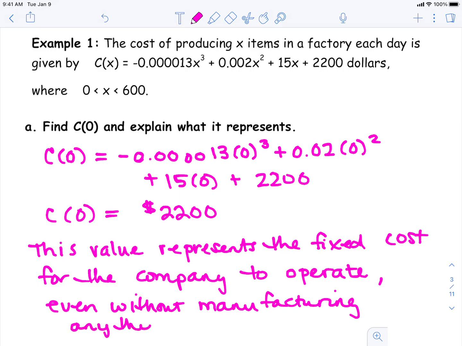So if the company does not produce anything, they still have a cost of $2,200 a day.